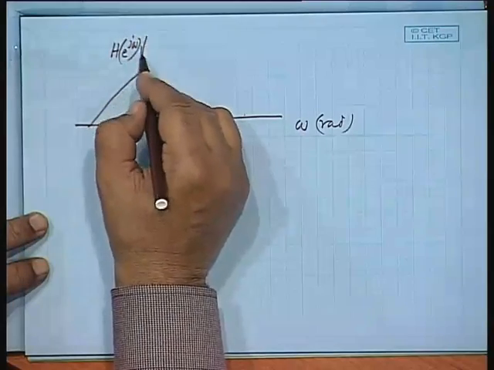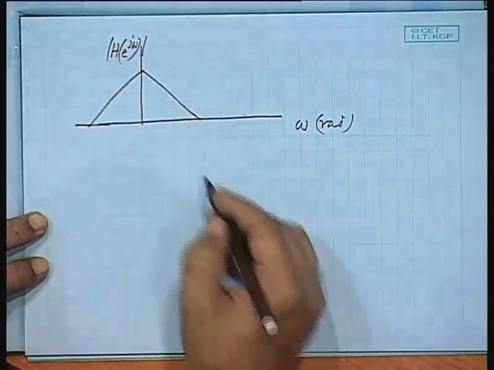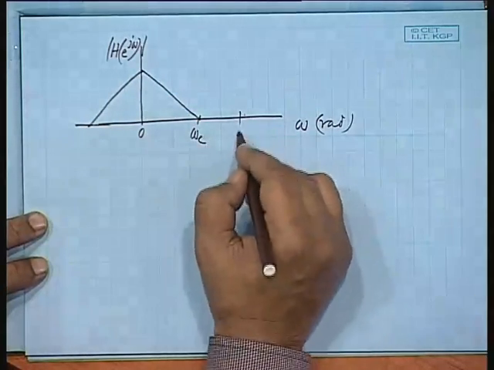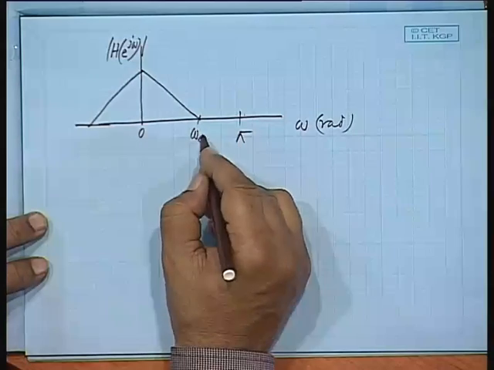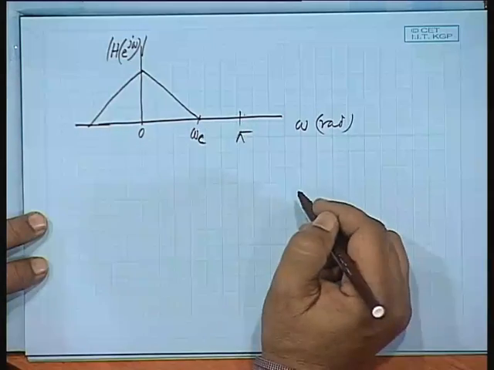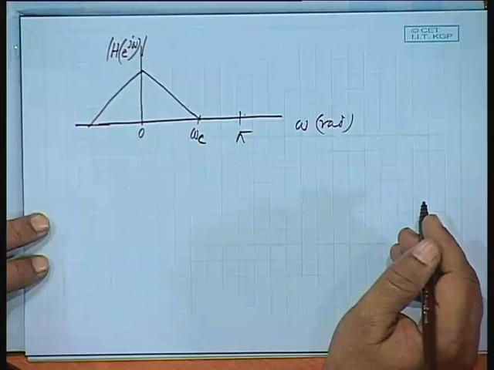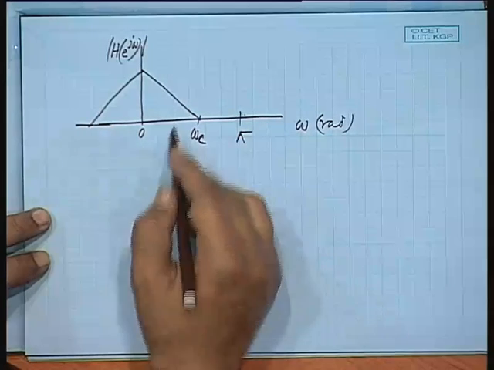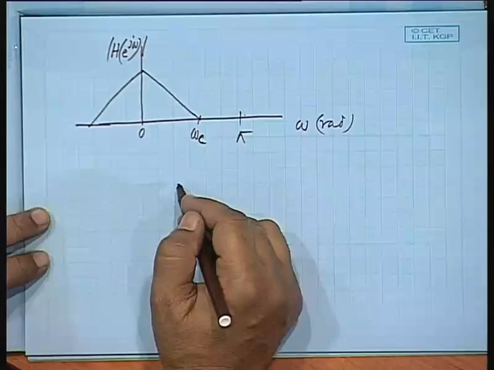This is your magnitude of H(omega), this is omega c, and this is say pi. Omega c is well within pi, that is the sampling frequency, the Nyquist frequency is covered. Now, I have just doubled it. What will you get?